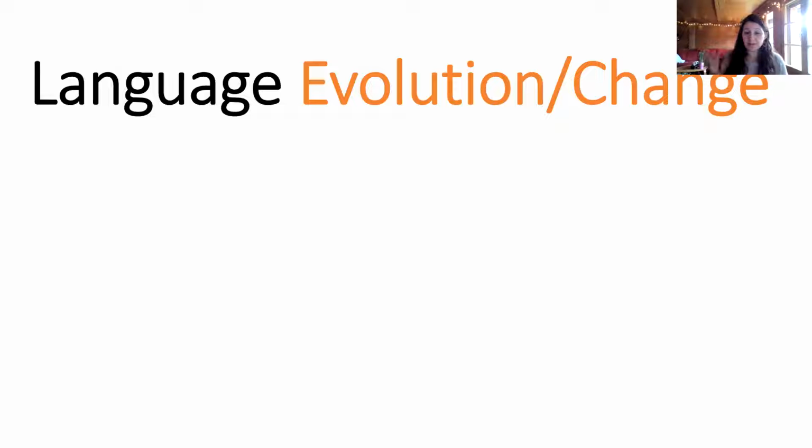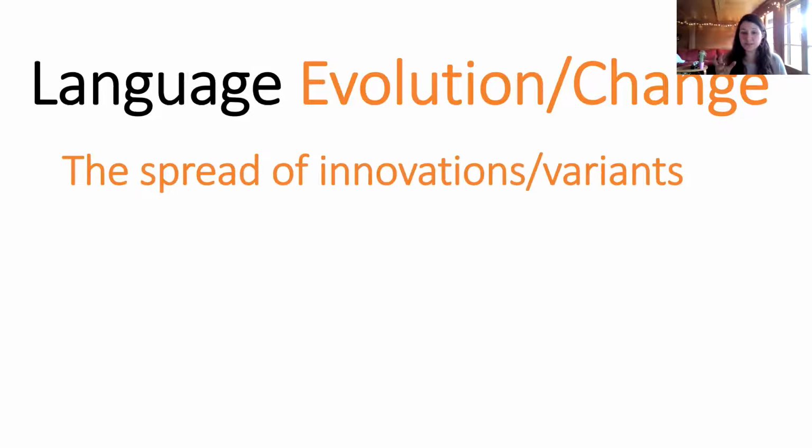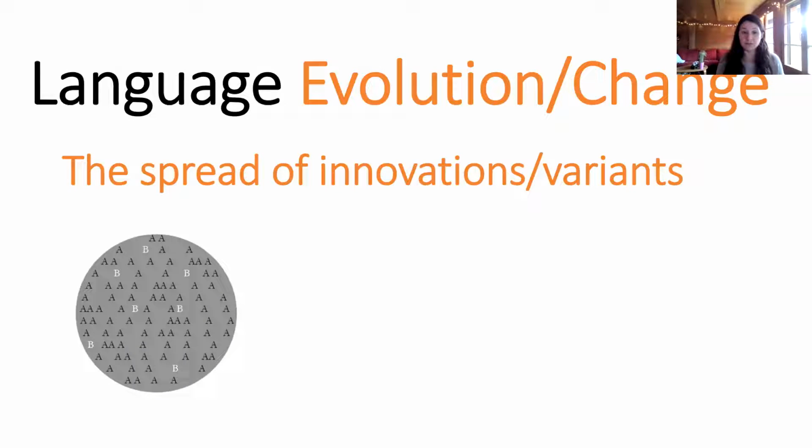We can think of language evolution and language change as the process in which linguistic innovations or variants emerge and then spread. In the case of the cultural evolution of language, the story is something like this. People innovate all the time. We randomly or intentionally produce new sound variants, create new lexical words, or use new grammatical constructions.